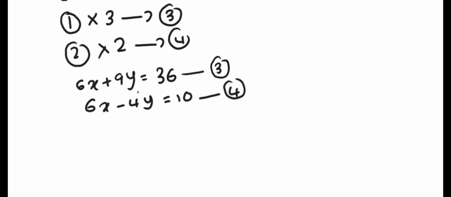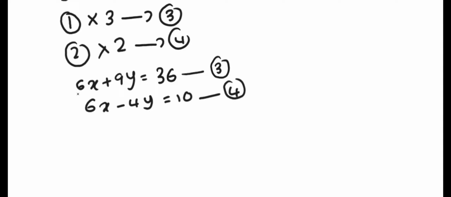Now the coefficients are equal. Our next step is how we are going to eliminate the eliminating variable. I told you that if the eliminating variable signs are equal in both equations, we are going to subtract, and if the signs are different, we are going to add.